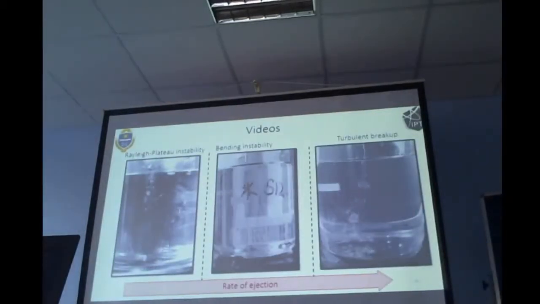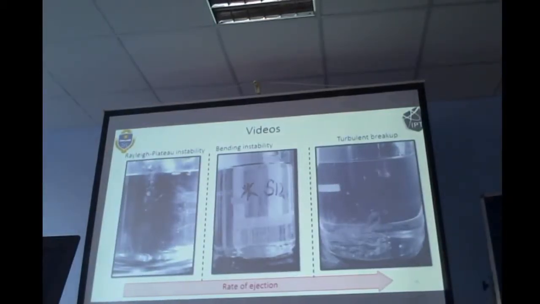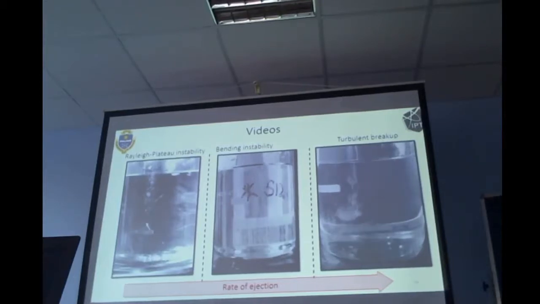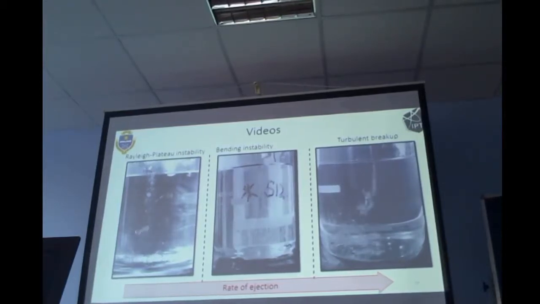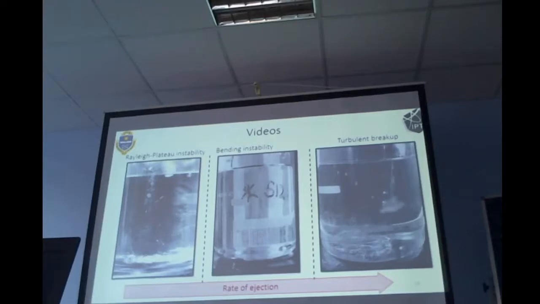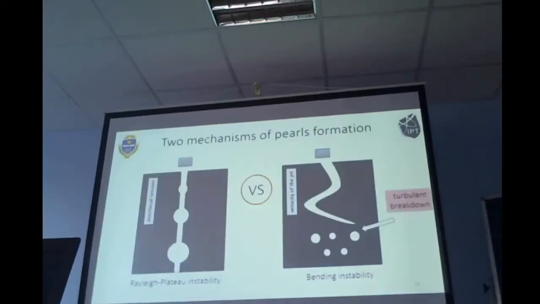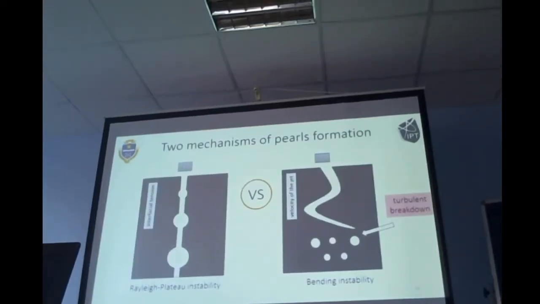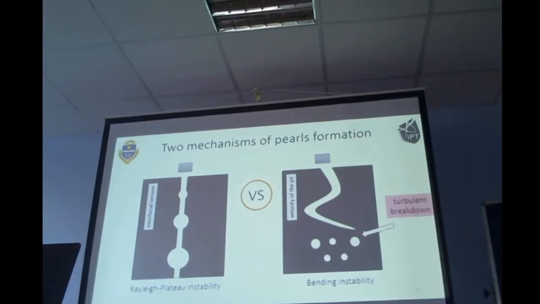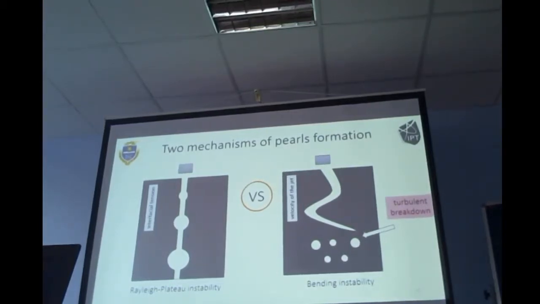Increasing the rate of ejection, we can see that the mechanism of pearls formation significantly changes. For a slower ejection rate, the Rayleigh instability occurs, for which the governing parameter is the interfacial tension.